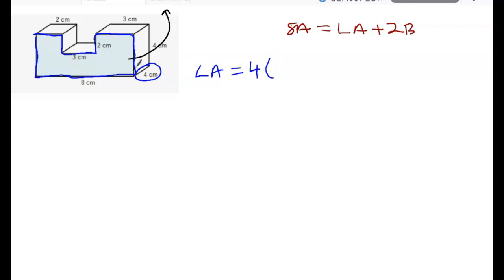And then we multiply by the perimeter of the base. So here 8 plus this section here is 4, and then plus this section here, which is going to be 3, plus 2, plus 3 here, and plus this 2 here, it's finally plus 4.